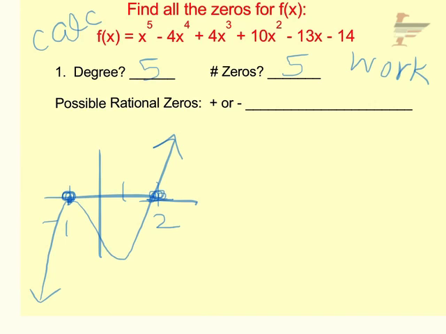So I might list some possible rational zeros, and this is nothing new to you. All the factors of 14 divided by all the factors of 1. That's going to be plus or minus 1, 2, 7, and 14. Then I could sit and try some of those. However, here's where your calculator is going to benefit you.